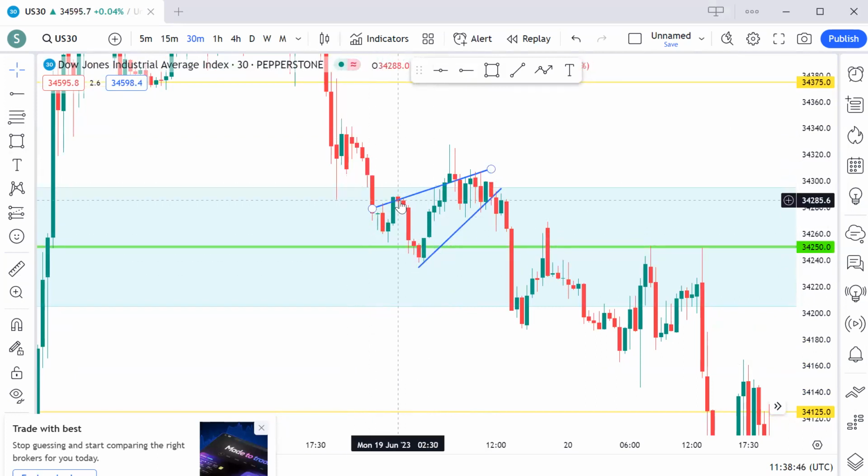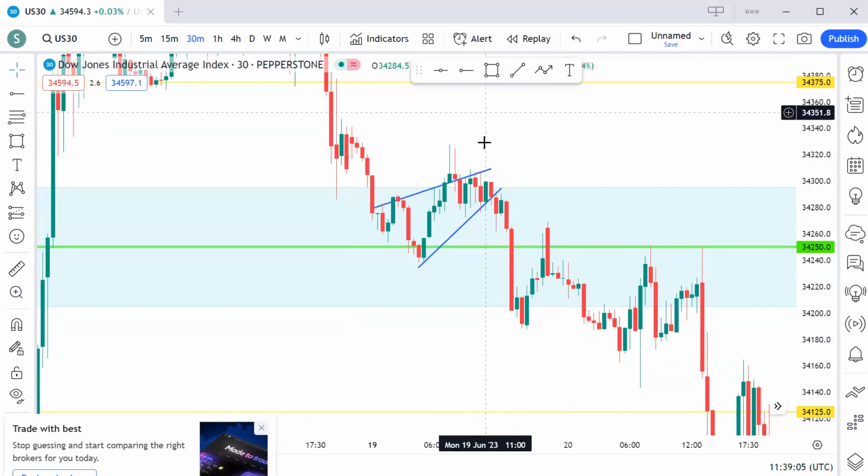So market comes, touches our top resistance trend line, we can sell, take profit on support because it's a selling pattern, but we can never ever buy in a sell pattern. We always want to trade in the chart pattern breakout direction, which is sell. It's a bearish rising wedge.